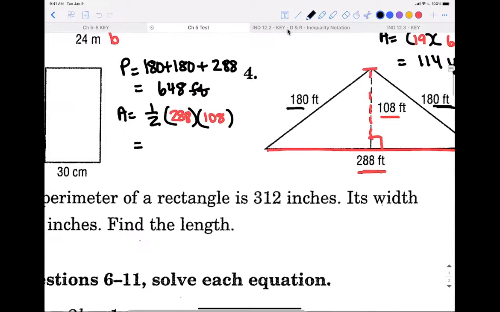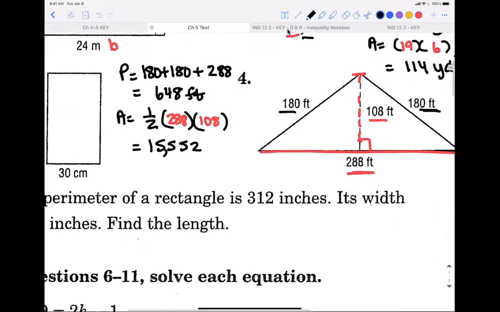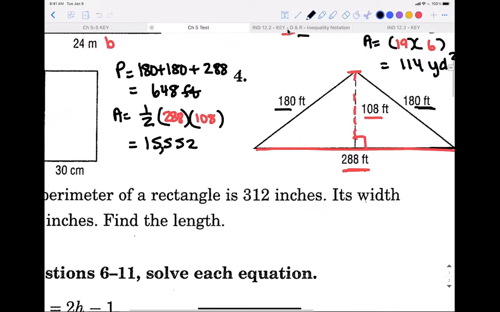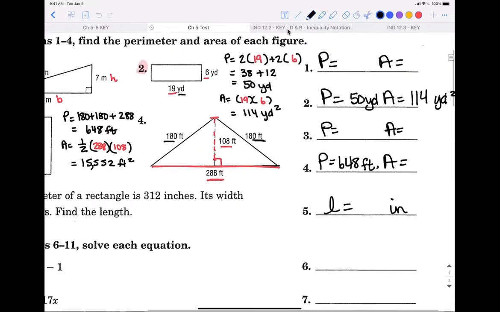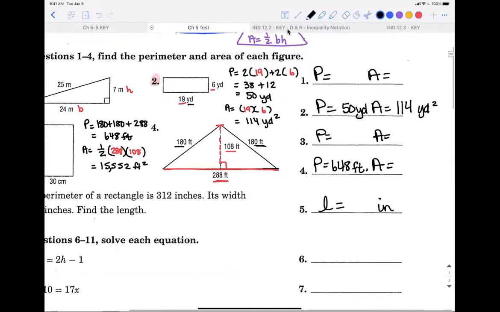And I get A equals 15,552. How am I going to label this one? Yes, ma'am. Feet squared, because it's 288 times 108. And both of those have feet labels. All right. So my area for number 4 is 15,552 feet squared.